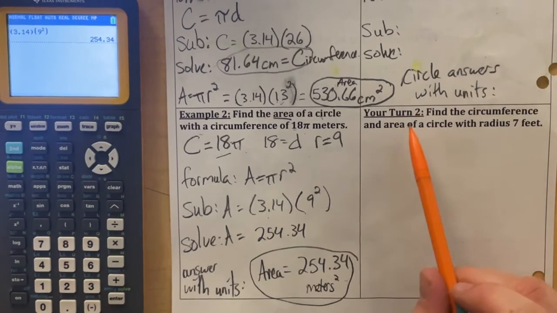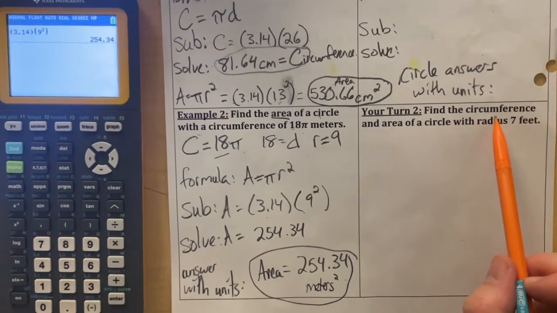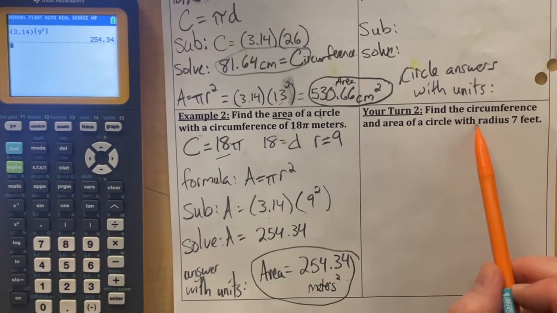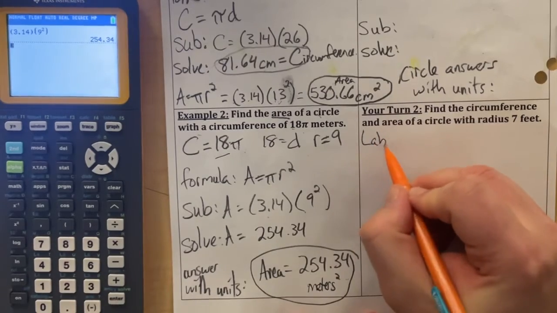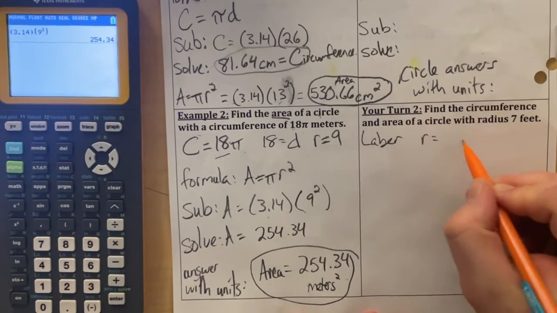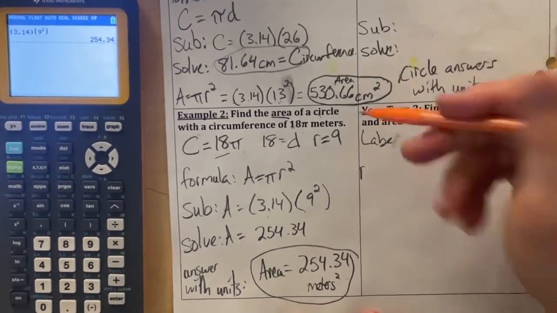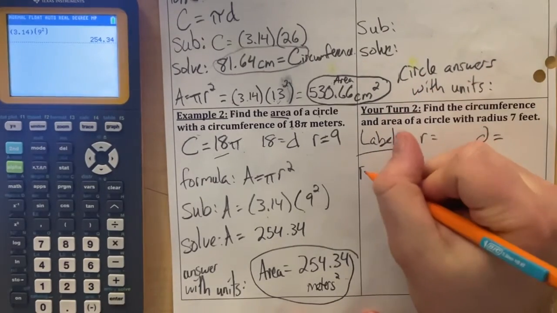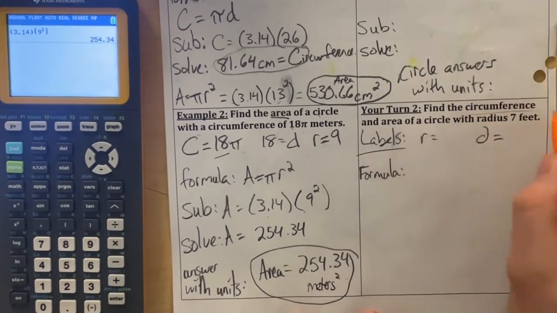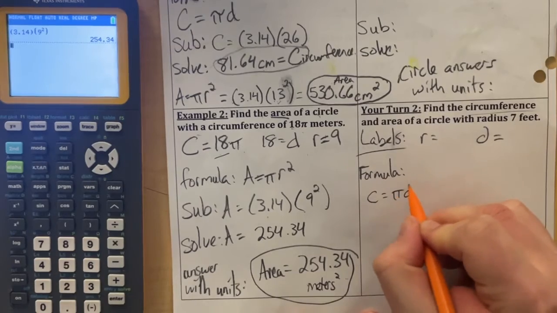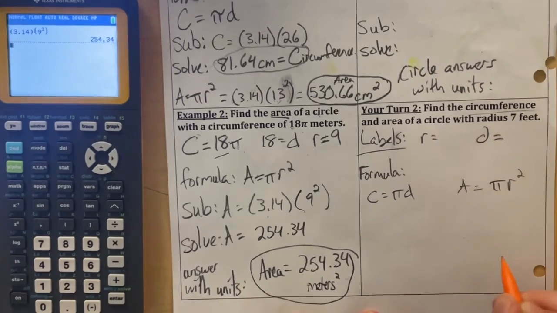I'll read the last one out loud. So it says your turn number 2. So again, make sure you're trying it out for yourself. Find the circumference and area of a circle with a radius of 7 feet. So again, make sure you can get your labels down. Label your radius and your diameter. Have your labels, and have your formula not only for circumference, so we have circumference is pi times the diameter, but we also have our area as pi times the radius squared.